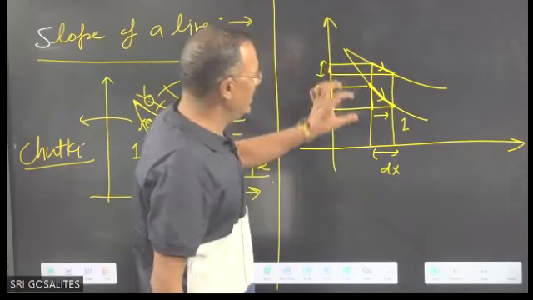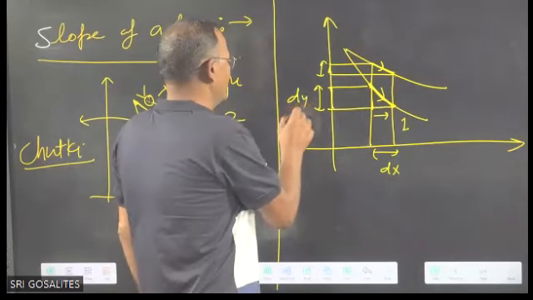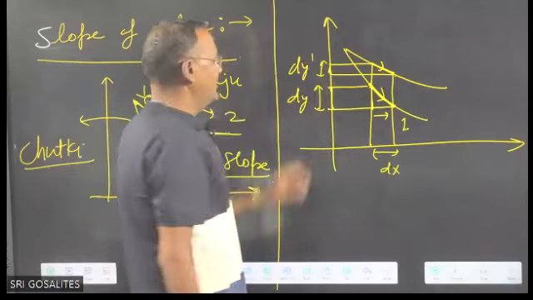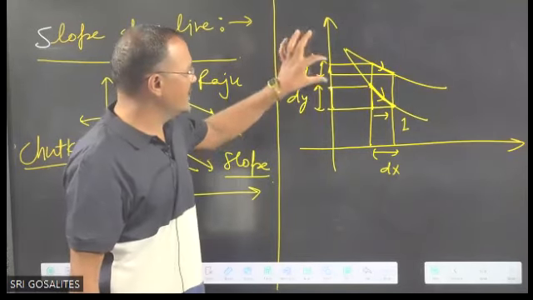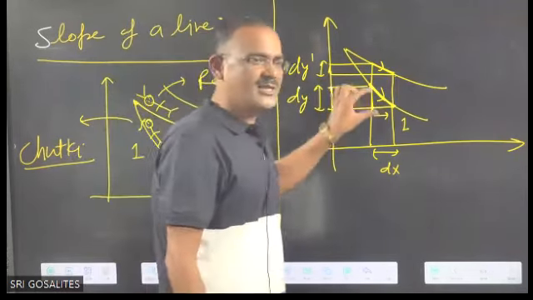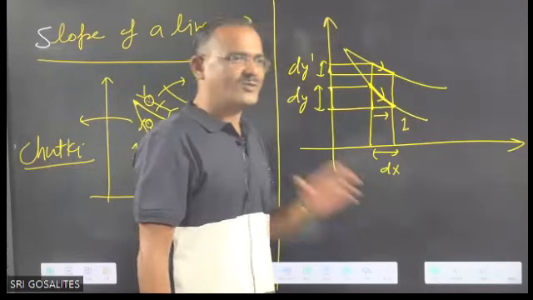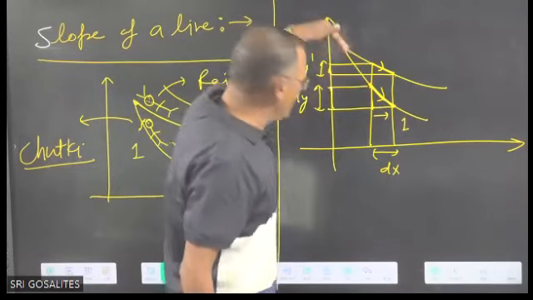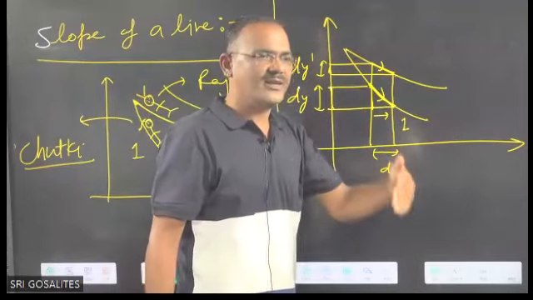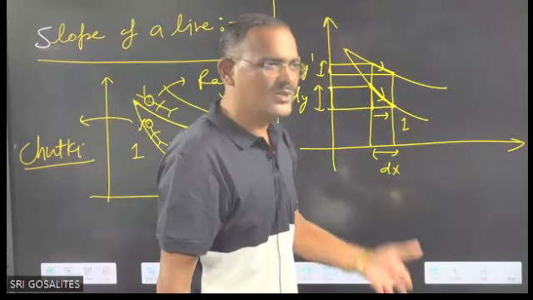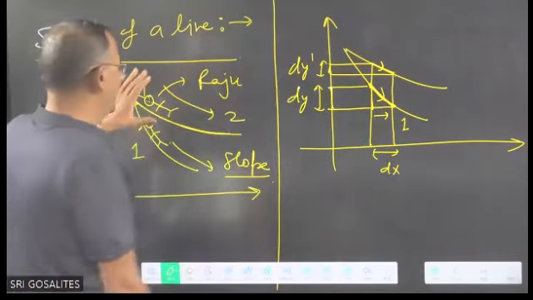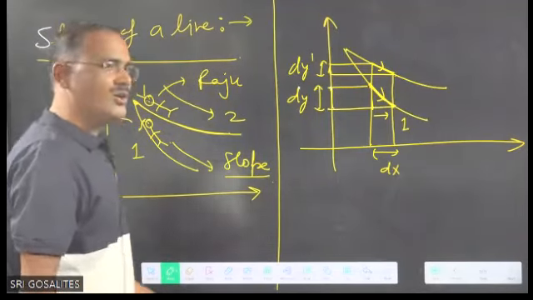This dy is more or this dy dash is more? dy is more. Understand? So for the small change in x, change in y is more. That curve is having the more slope. Okay, that is the theoretical meaning of the slope.